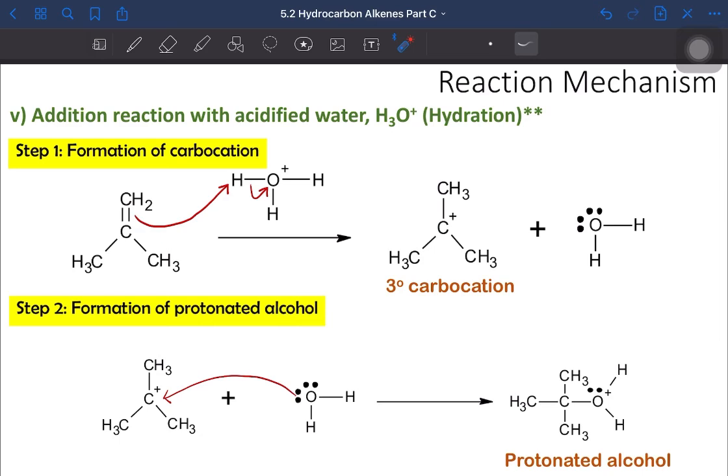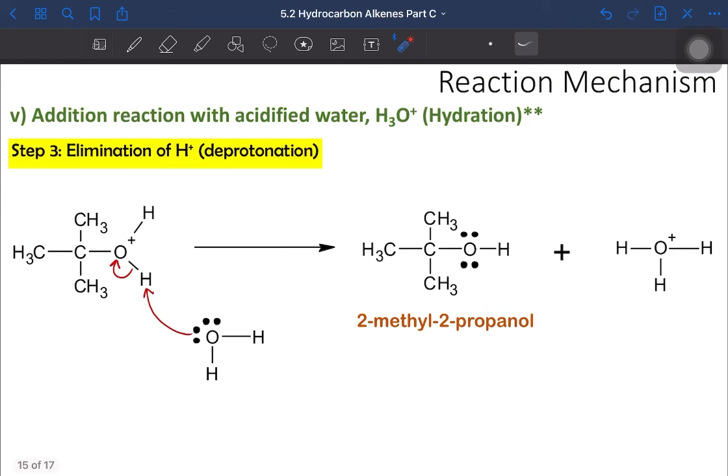Okay, so now we are going to look into the last step, which is the elimination of H+. So we want to form alcohol, but our alcohol has one extra hydrogen, so we want to remove one hydrogen. What we are going to do is use the water molecule. The water molecule is the nucleophile, so it will attack the electrophile, the hydrogen. When it attacks this hydrogen, the bond between oxygen and hydrogen here will be broken heterolytically.